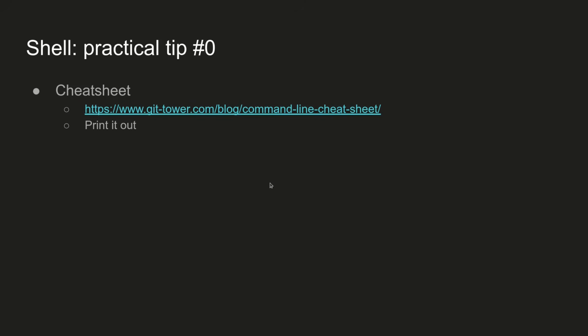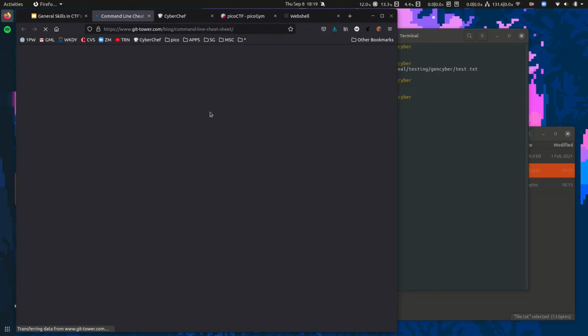So this can be daunting, but I swear you do get some muscle memory for it pretty quickly. And the best way to do that is to get a cheat sheet that you can quickly reference to remember what you can do in the shell. And this is a good one.